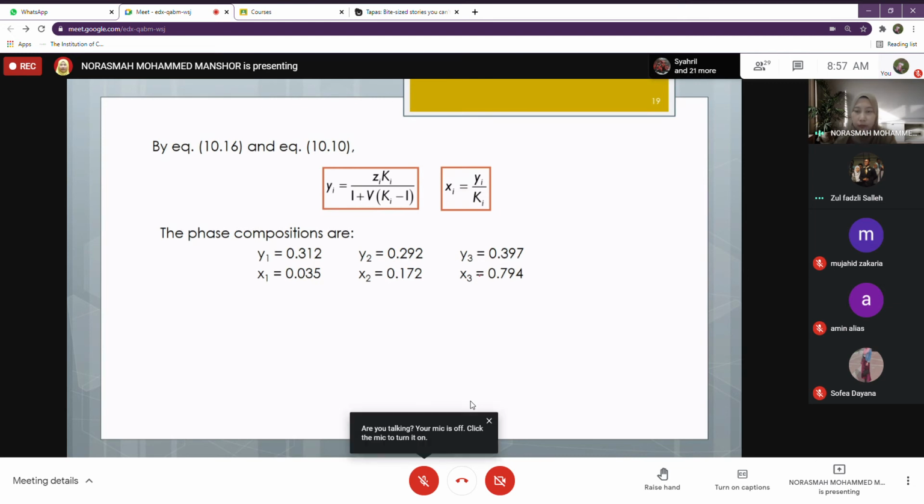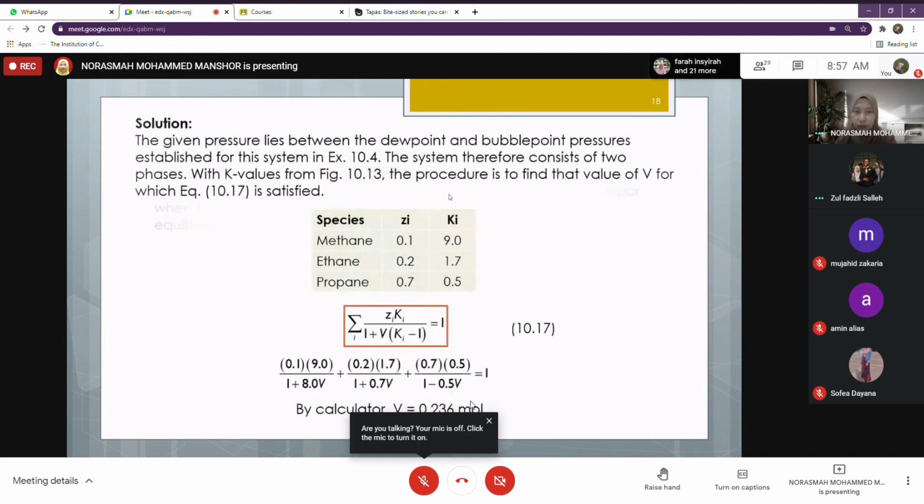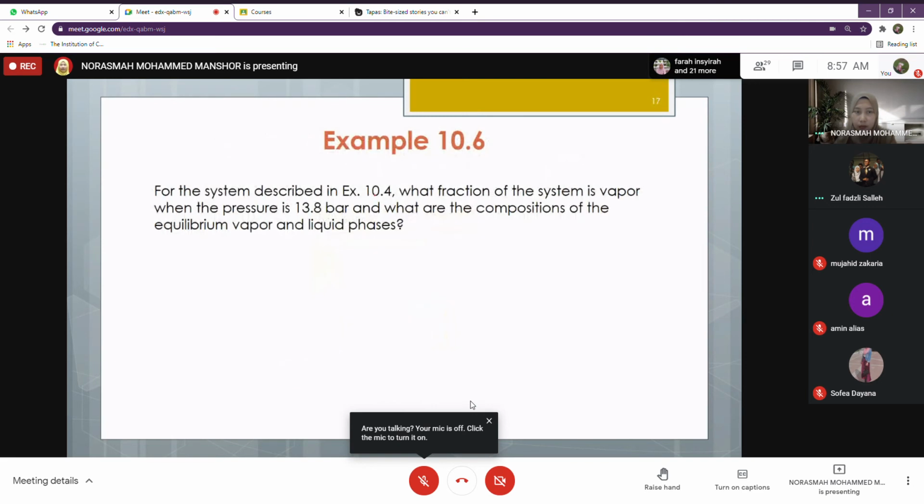Dia bagi pressure sekarang 13.8 bar. Temperature tu ambil lah daripada 10.4 tadi. Sama je sistem dia. Oh, okay.